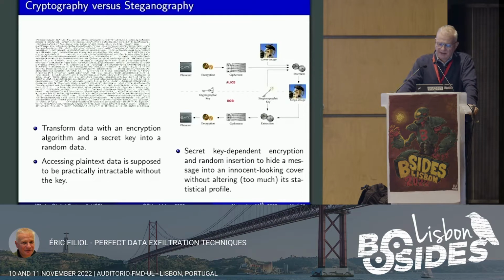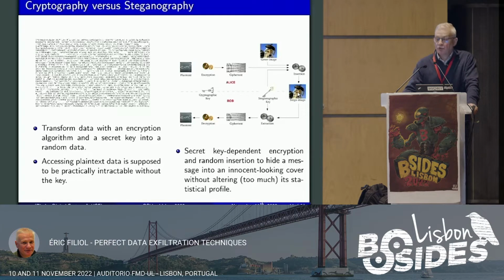On the right side, you have steganography. Data are, of course, encrypted, so it is a ComSec part. But your encrypted data will be embedded in a cover image. After the embedding, it is supposed not to be possible to tell the difference between the image before insertion and after insertion.